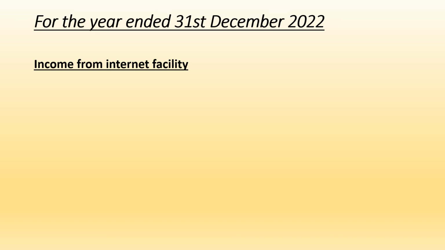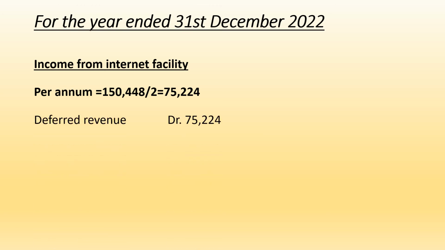For the year ended 31st December 2022, we have to record the income from the internet facility. Why? This is the only income we are receiving for the contract for this year. Therefore, per annum internet facility income should be debited to the deferred revenue and credited to the revenue from internet facility account.